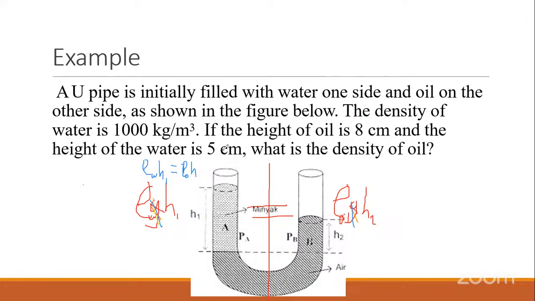But we have to find the density of oil. So that will be density of water times h of water over h of oil. So this is 5/8. The unit cancels out.